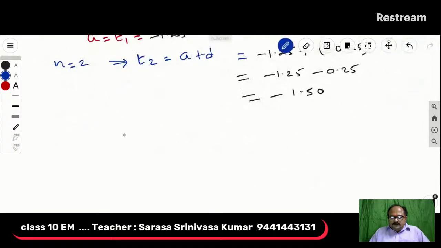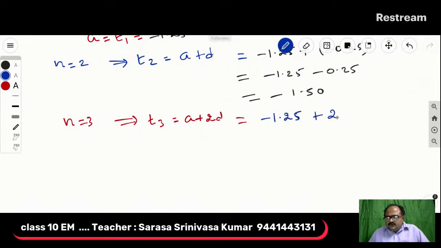Now we find T3. n equal to 3 implies T3 equal to A plus 2D. This is equal to, A is minus 1.25 plus 2 multiplied by minus 0.25.